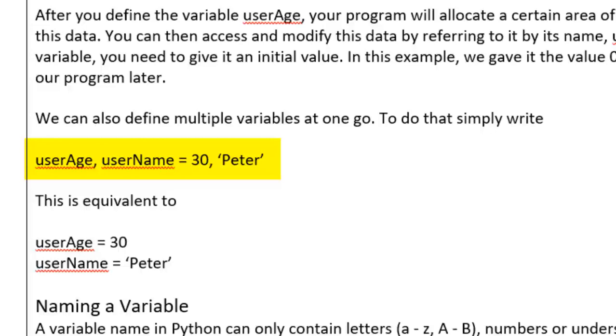Because 30 is an integer value and Peter is a string. Whenever we insert numbers, there should not be quotes, and whenever we want to store alphabets or strings like names, it has to be between two quotes. user_age equals 30, username equals Peter in quotes.